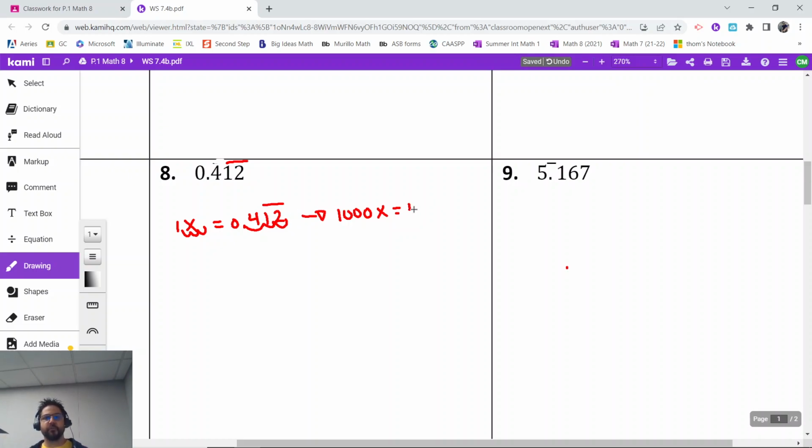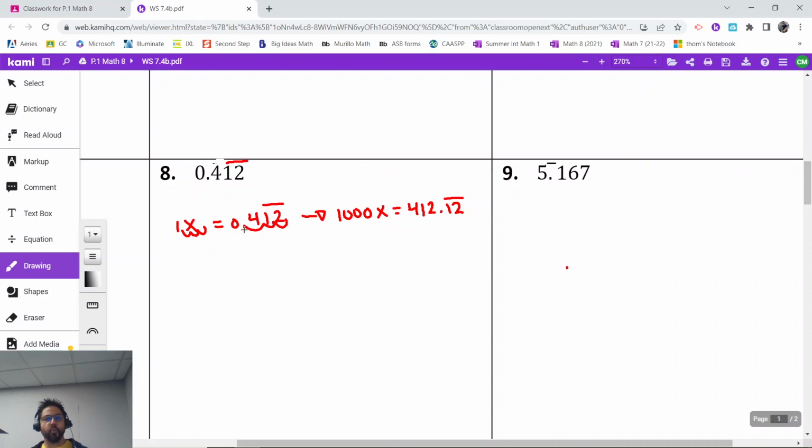So that would be 412 point. But remember, the pattern repeating, it would be 1, 2, 1, 2, 1, 2. So I'm going to go ahead and put 1, 2 repeating still. Now, if I use 1x, meaning I line up my 1x, I would not be having the 1, 2 lined up perfectly.